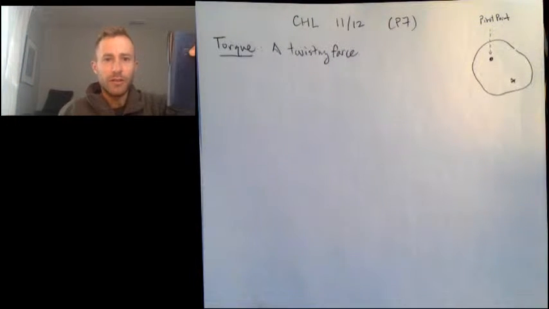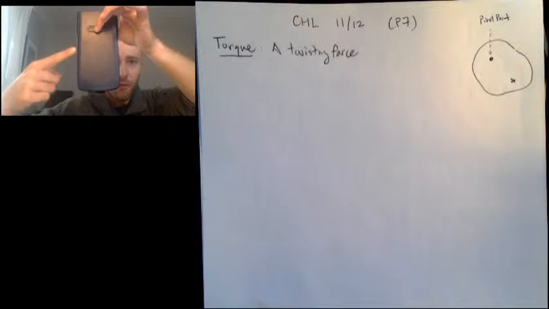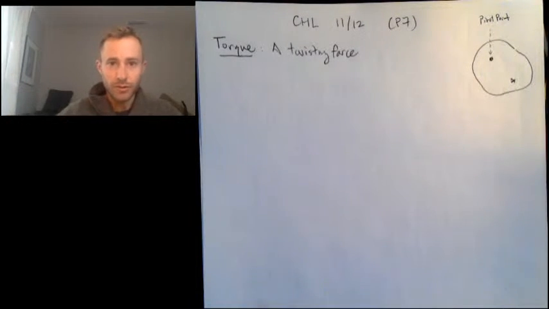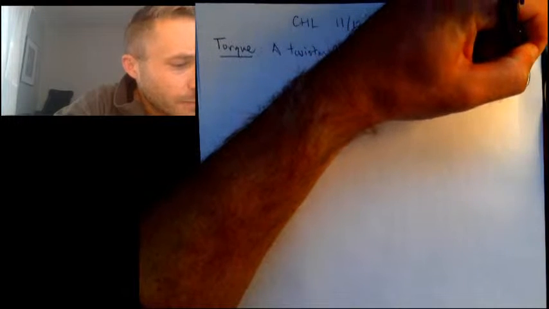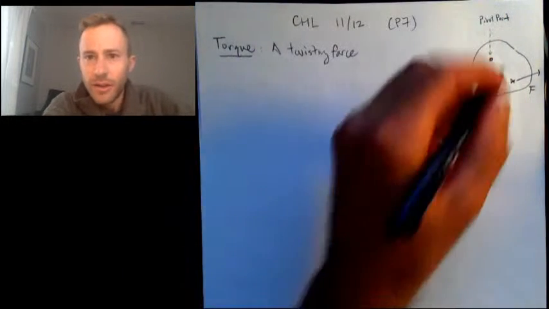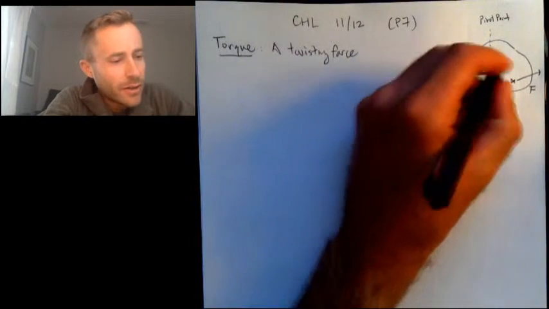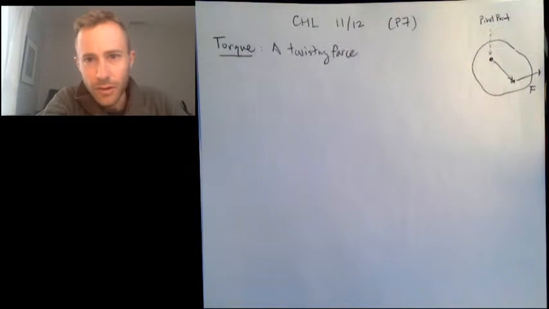It also depends, how quickly it rotates also depends on how far away from the pivot I push. So we've got a force that's acting right here, and there's a vector that extends from the pivot point to where that force is applied.